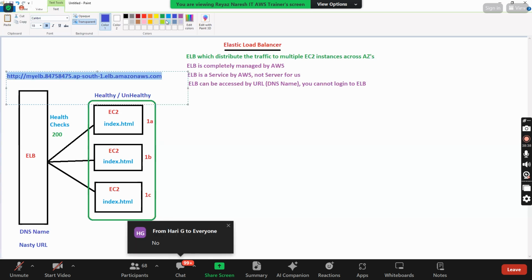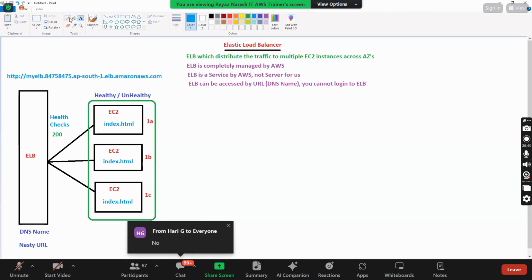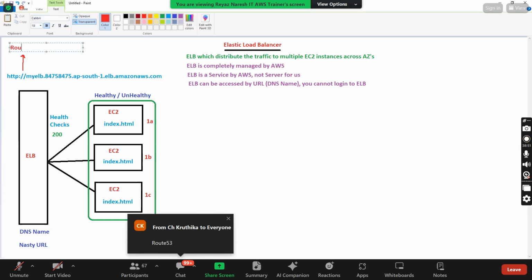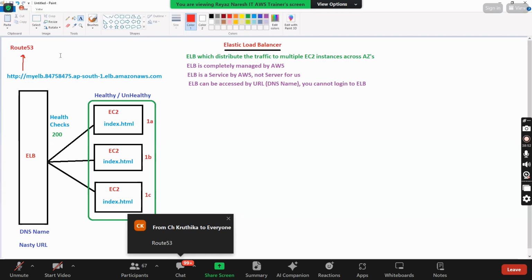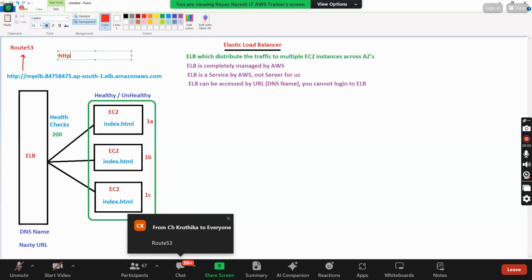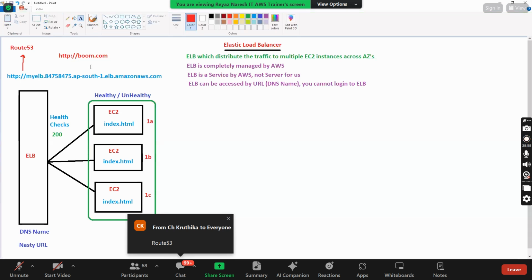How do you do the makeup for this? Route 53. Go to Route 53 and do the makeup. That we will do later. So can I put makeup like boom.com? Yes. Whenever someone hits boom.com, it will automatically go to this load balancer.